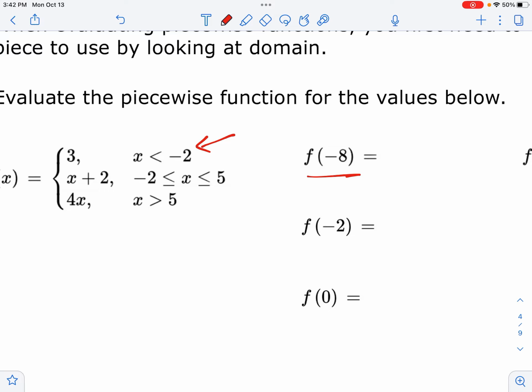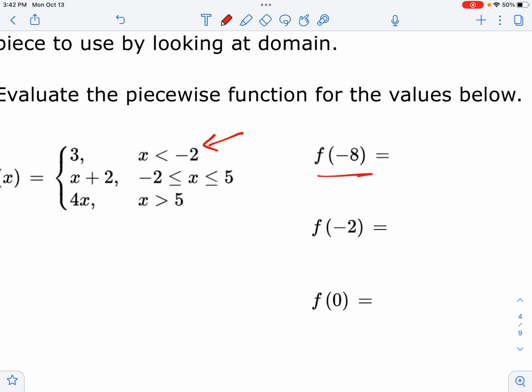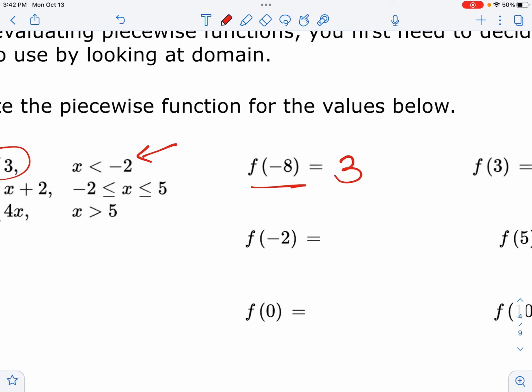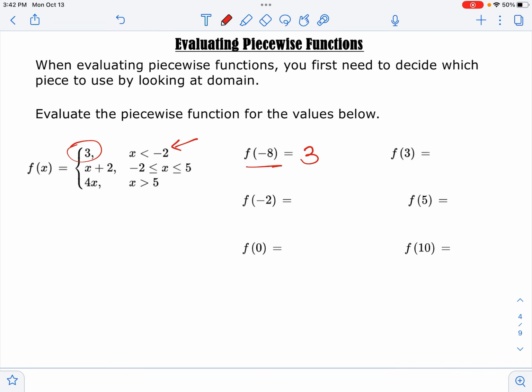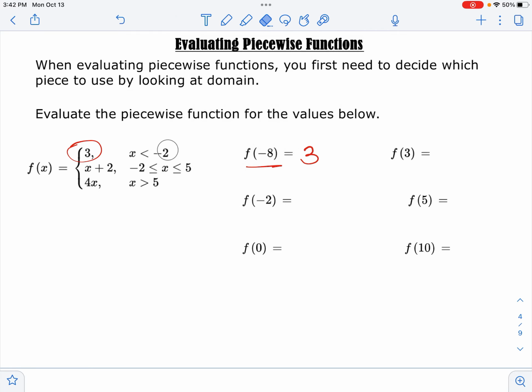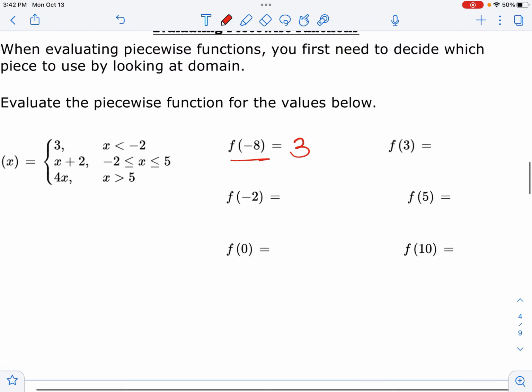So then it just says, well, if it's less than negative 2, you're just going to say it's 3 then. Cool. So that was easy. I know that my answer was 3. Okay, so let's go over here to f of 3. f of 3 is in between, it's the middle one.